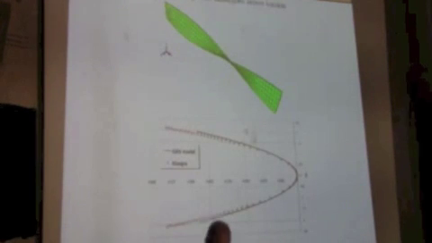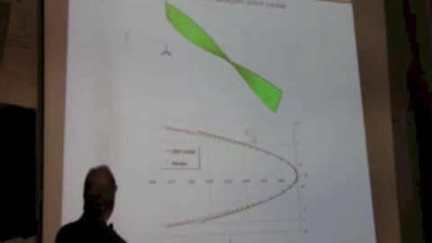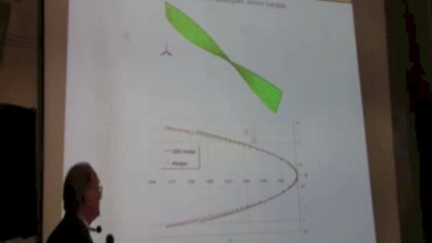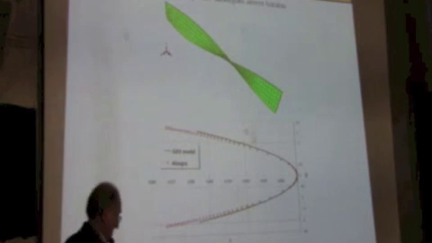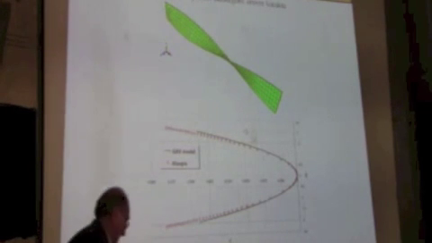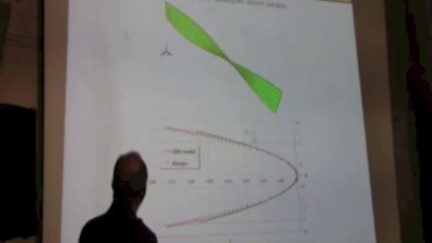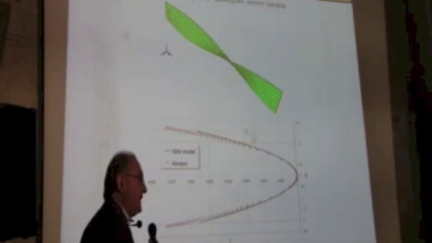Now, I want to show just a few results. At first, I consider a thin strip that undergoes a very severe torsion. That is, you can see on the slide that I have considered a case in which the strip is built in at one end, and completely free at the other end.